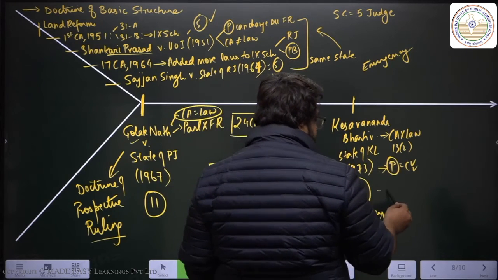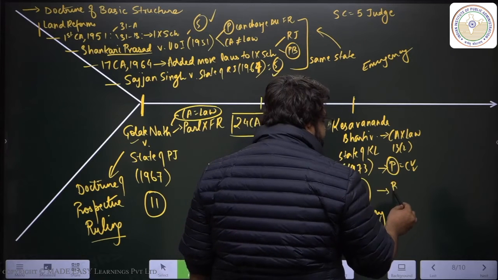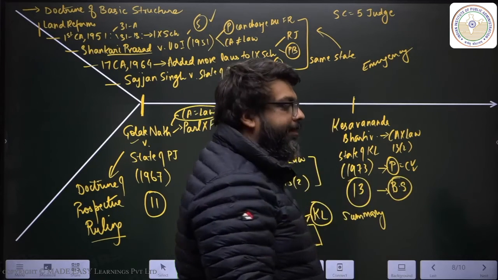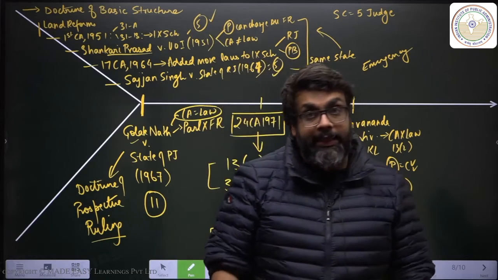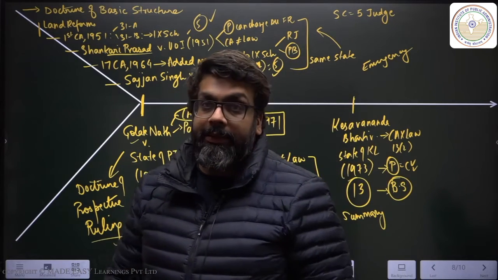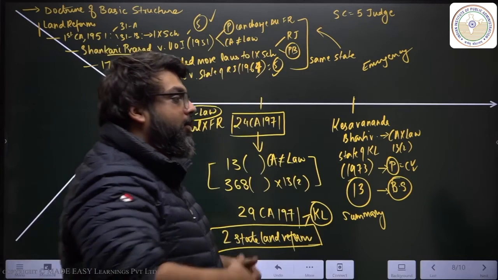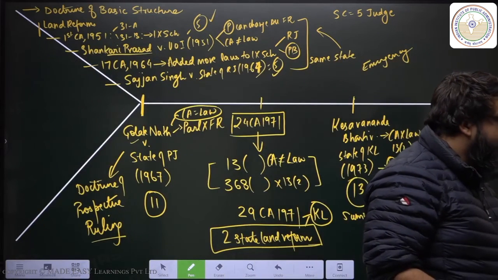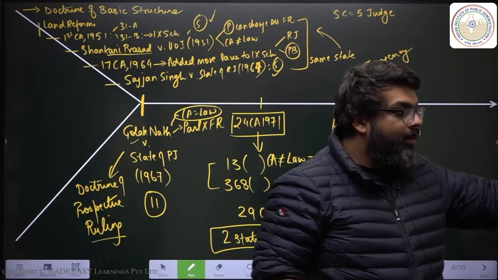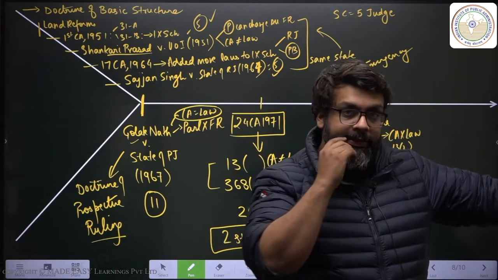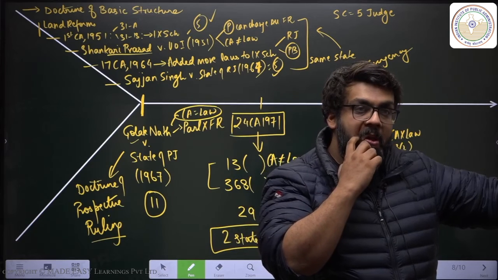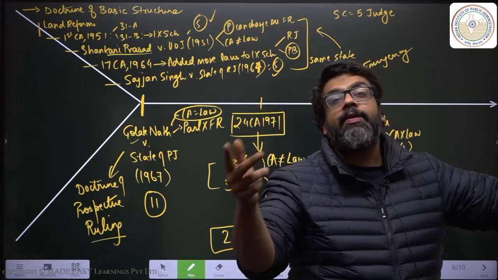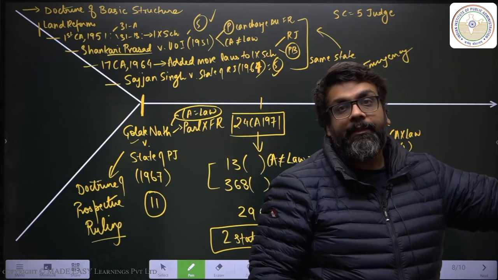But we are going to create the doctrine of basic structure. A set of ideas, a set of principles that courts after this will keep telling you what is basic structure and what is not basic structure.